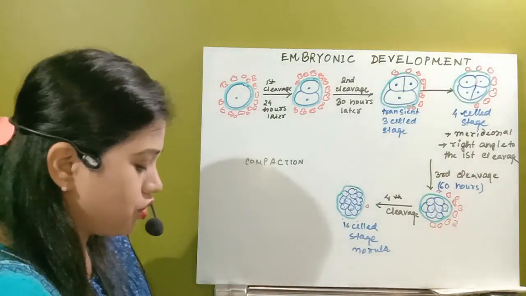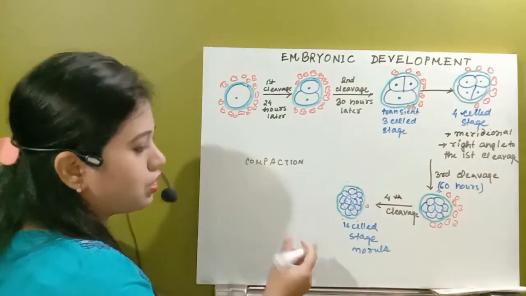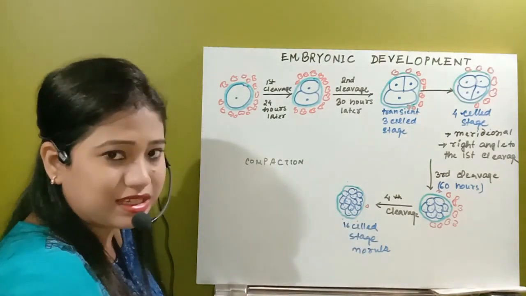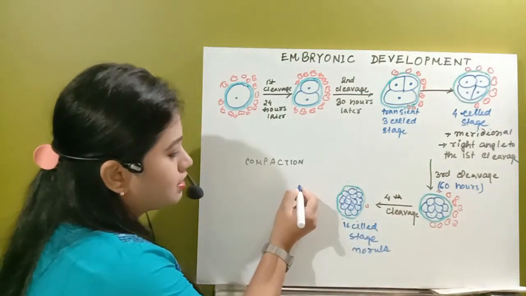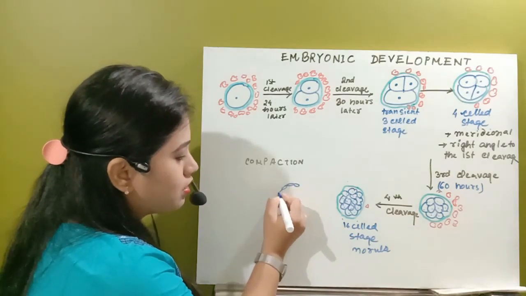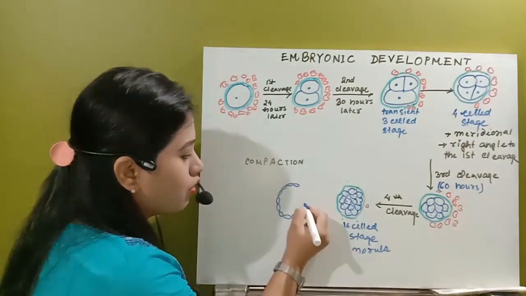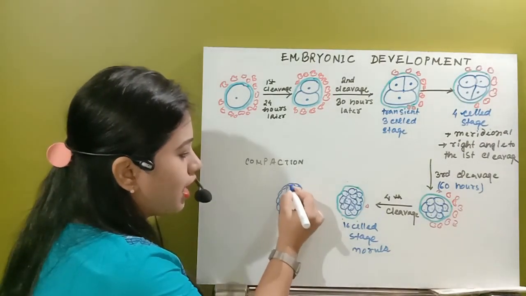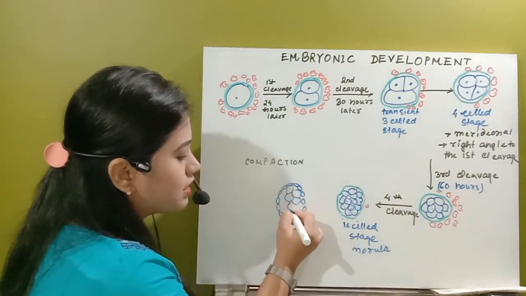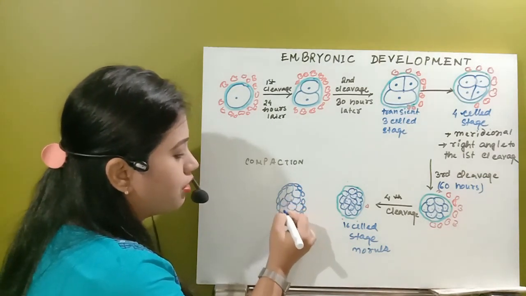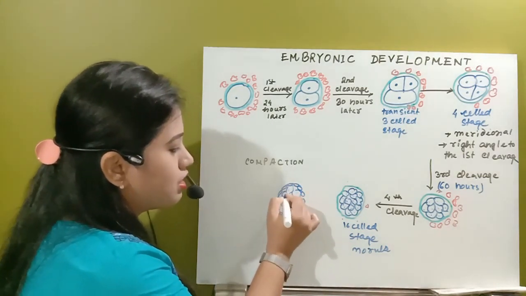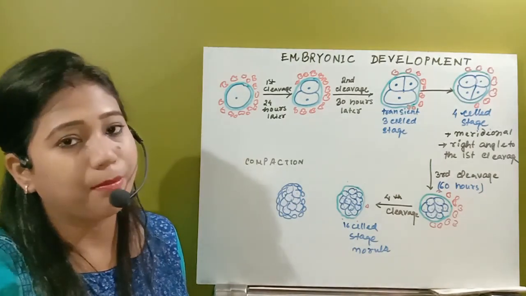In this stage it is actually the same 16 cell stage itself, but the cells which are very small and have less cytoplasmic content go to the periphery, and those which are larger in size remain inside. So this is the compaction.